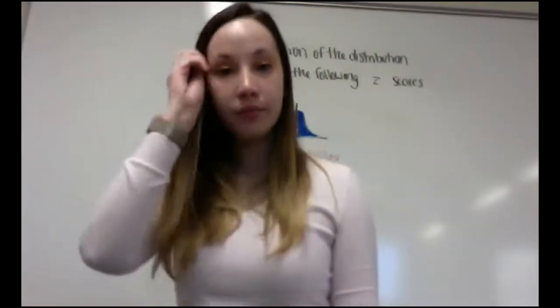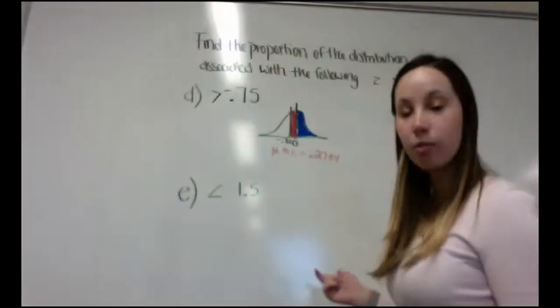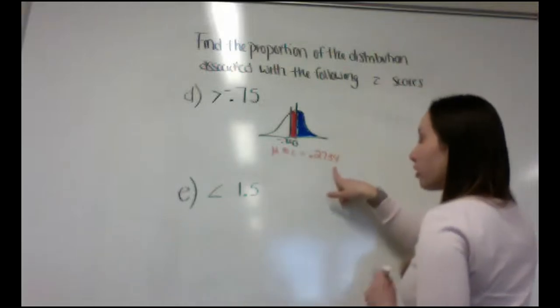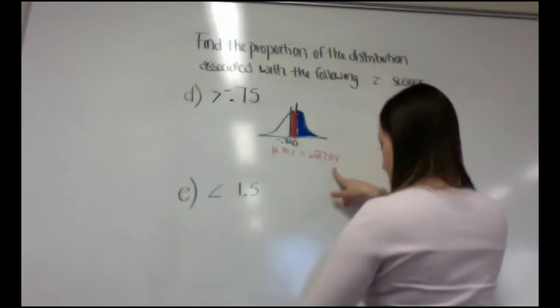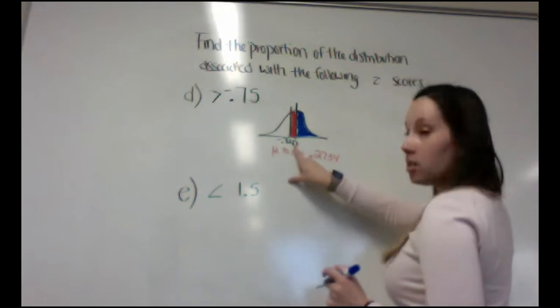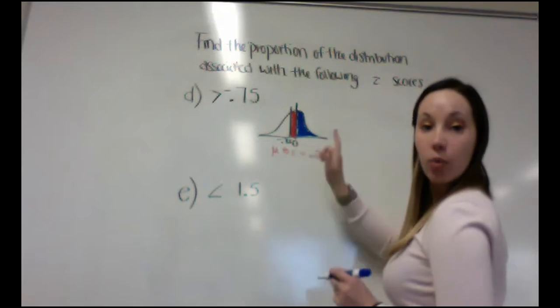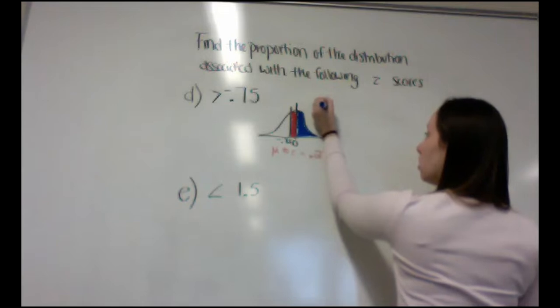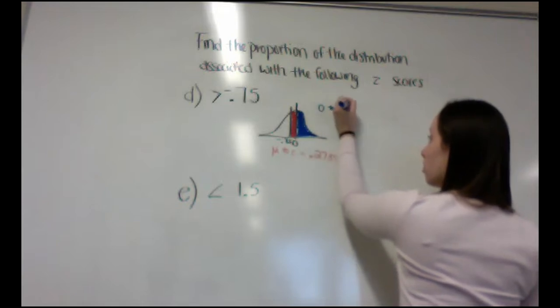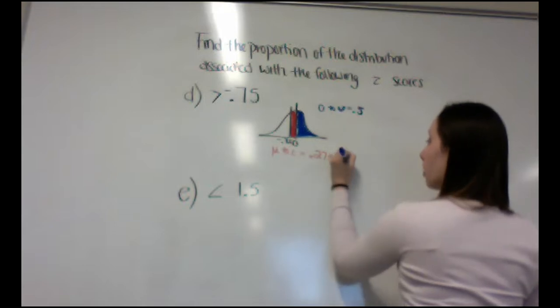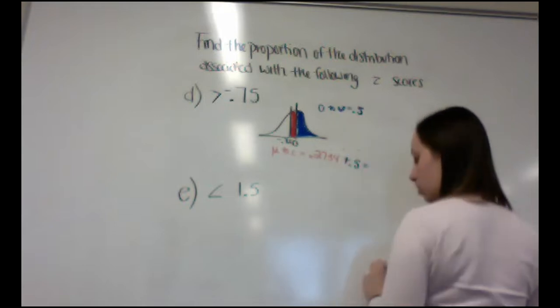So now that we have the red piece, all we have to do is add the blue piece. So 0.2734, and remember what I said about the blue piece. The proportion of the distribution between 0 to infinity is always 0.5. 0 to infinity equals 0.5. So if we add 0.5 to this, this gives us our answer.